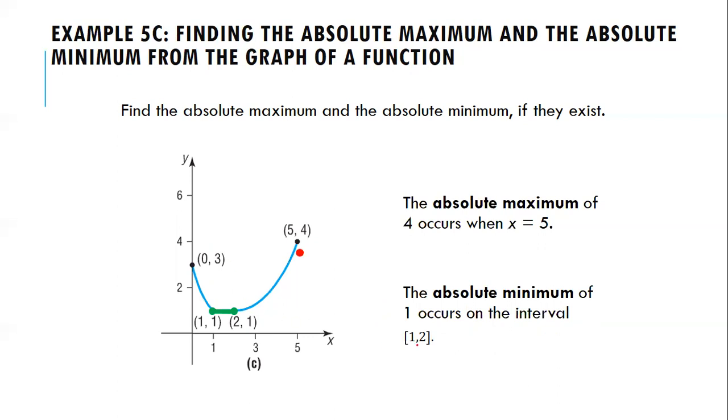I can't list out every number between 1 and 2, can I? So I will not say that x equals just 1. I would say x is from 1 to 2, and I use brackets because it includes all those points. So this is an example when it's more than one point in a row, you use an interval to represent that. Does that make sense? So here we have to use an interval.